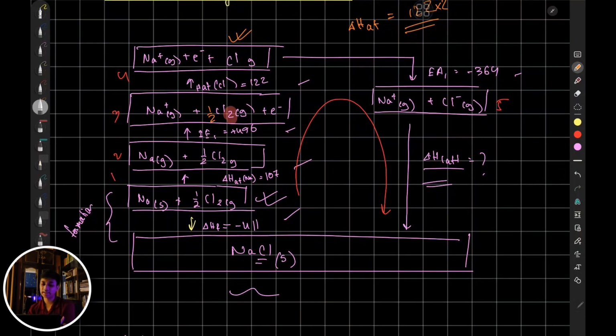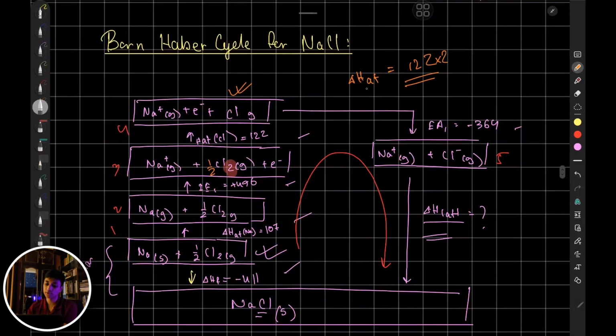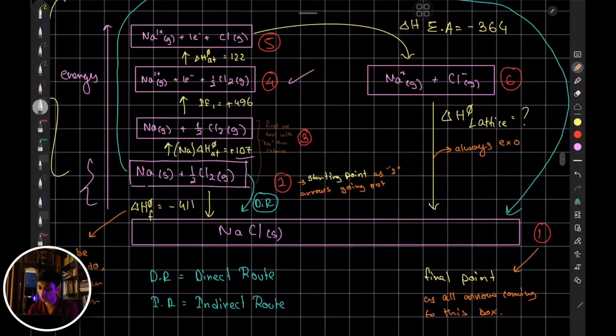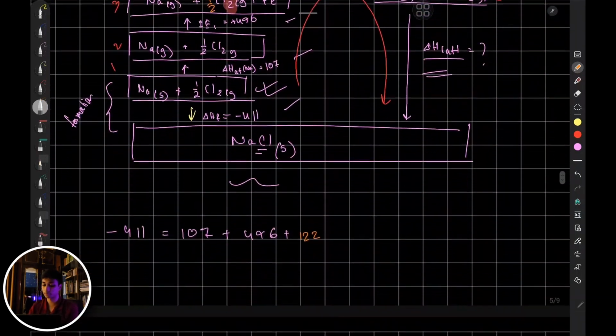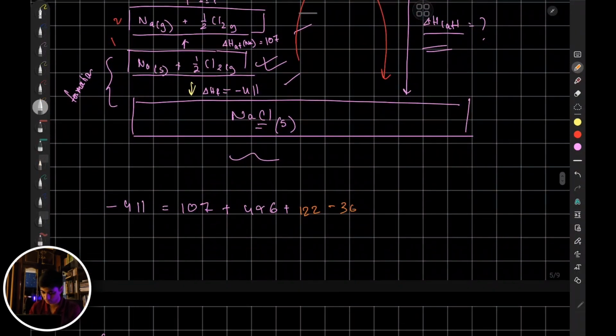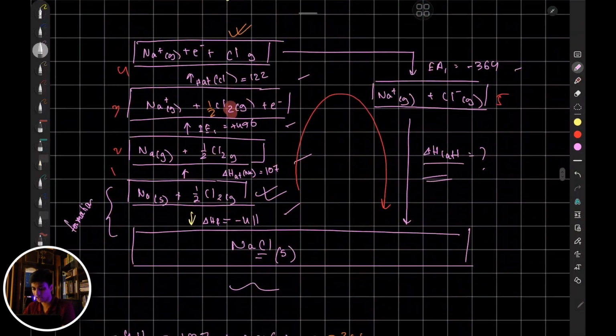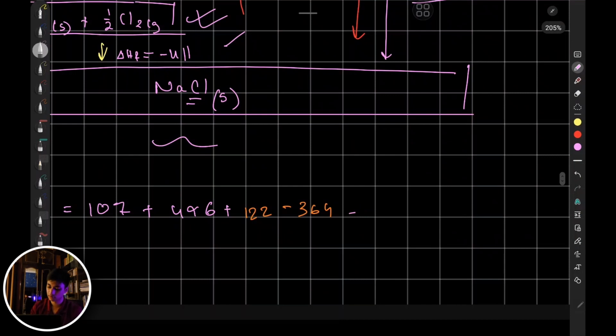Great. Next up we have electron affinity, which is going to be exothermic, minus 364. And then we have del H lat.